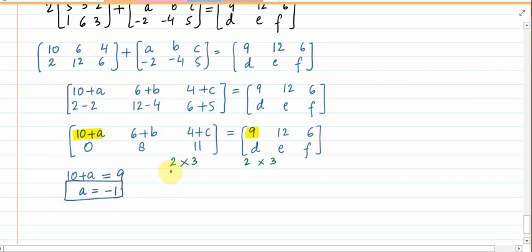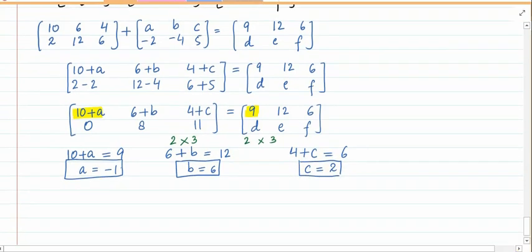Similarly 6 plus B is equal to 12, so B is equal to 12 minus 6, which is 6. 4 plus C is equal to 6, and C is equal to 6 minus 4, which is 2.